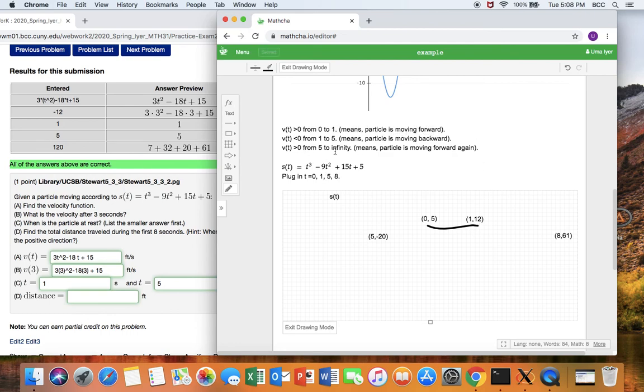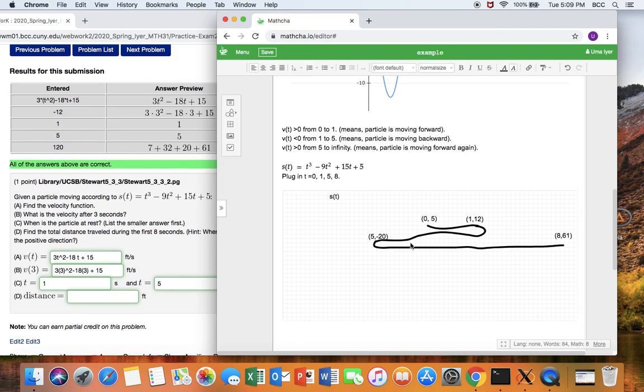From 1 to 5, the particle is moving backward. Oops, my drawing is off. The particle has moved backward. And then after 5, the particle moves forward. Sorry about that twist. My hands are a bit shaky.